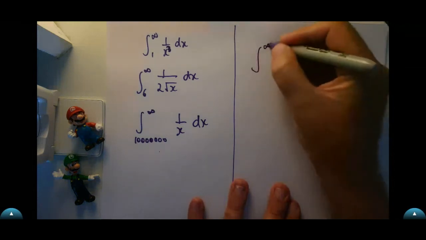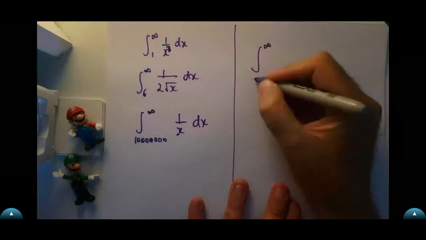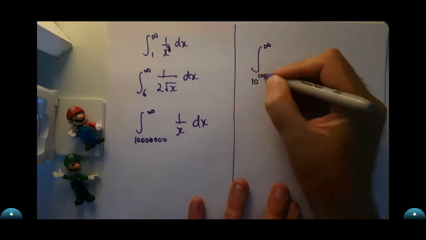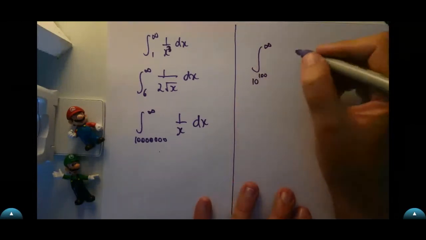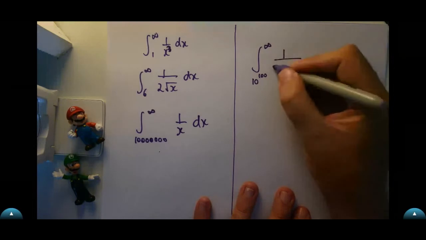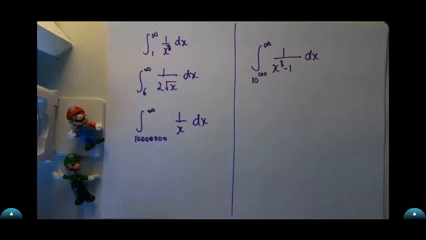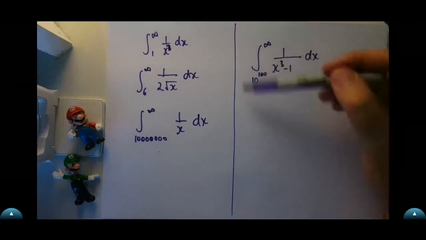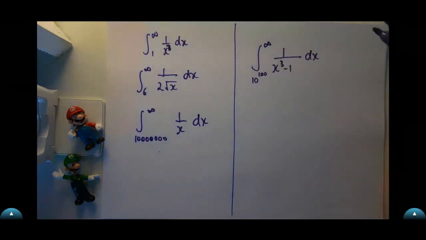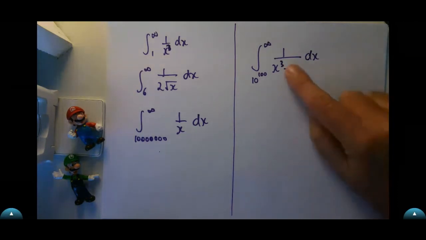I'm going to make them harder now. Okay, does this converge or diverge? And what test would you use to show that this actually converged, if you're saying it converged? So if I cover up that, it looks like a p integral, doesn't it?